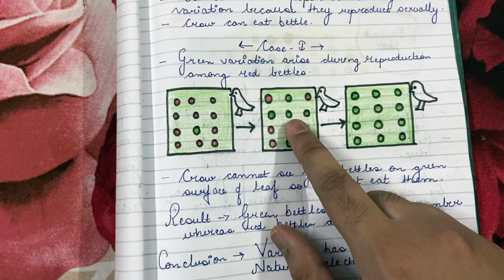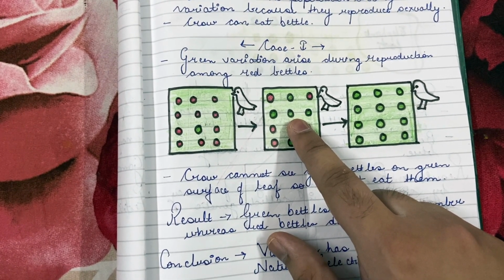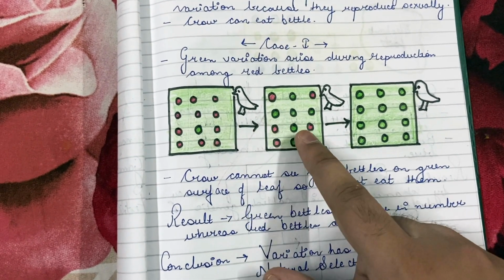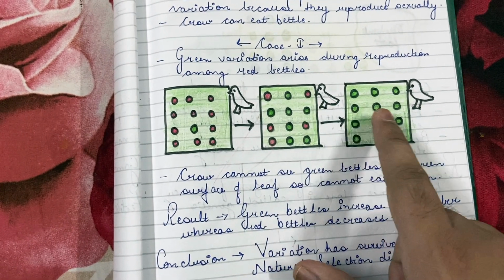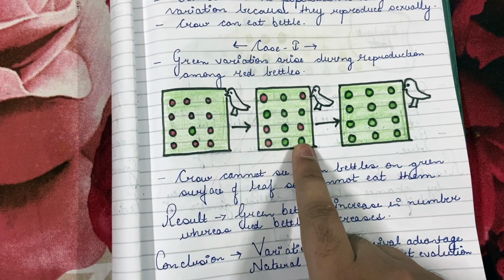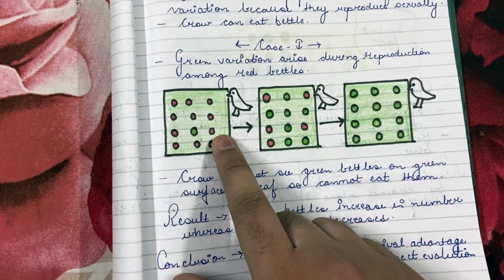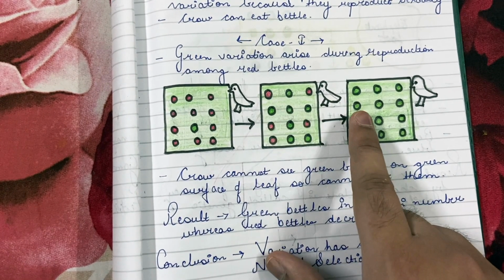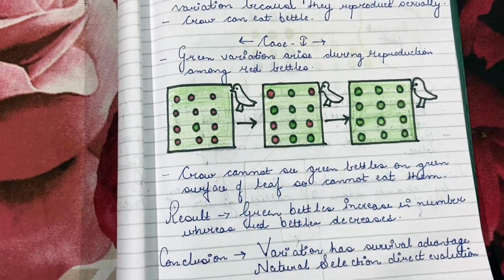Here the green beetles had a good variation of green color, as a result of which they could not be seen on the green surface of the leaf. Hence the green beetles survived and the red beetles died. So this first example, when a green colored variation arises in the red beetles which led to an increase in the population of green beetles, is an example of natural selection.